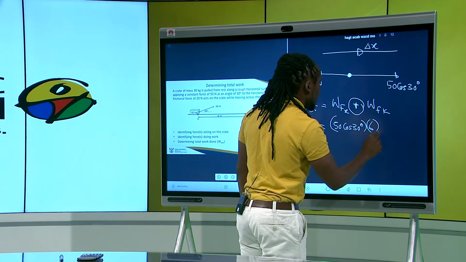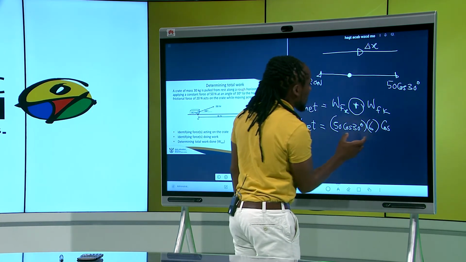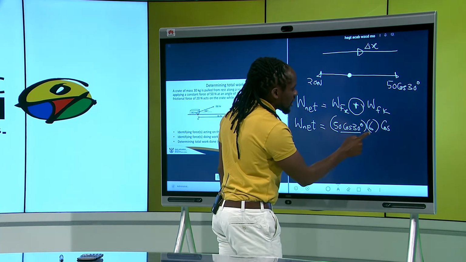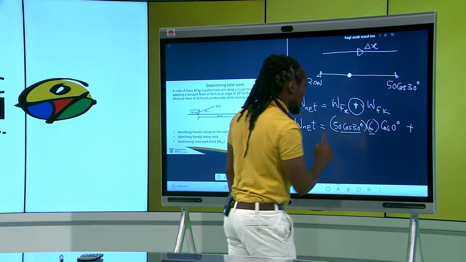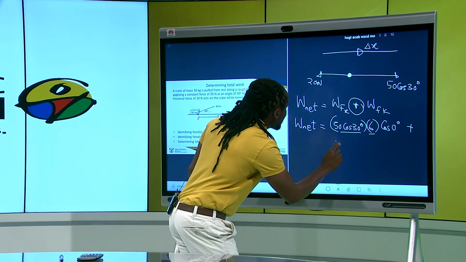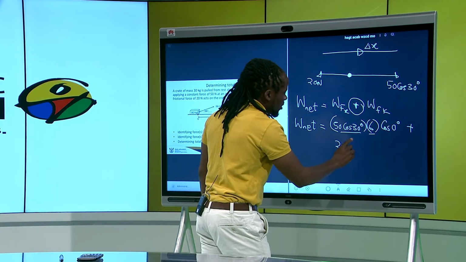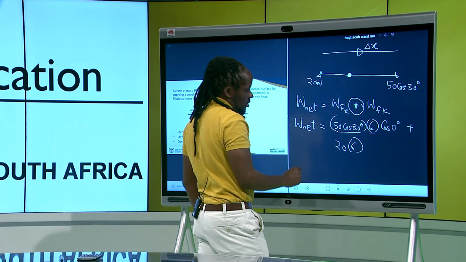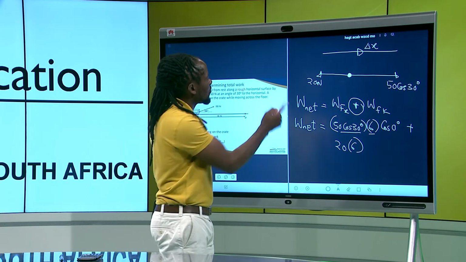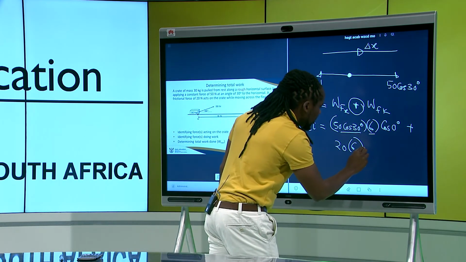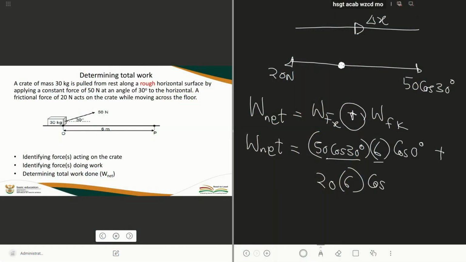Then cosine of the angle between Fx and the displacement, which is 0, plus for the net, we've got 20, which is the kinetic frictional force, multiplied by the 6 meters, which is the displacement. In which direction is the frictional force? It's obviously opposite to the displacement. Then the angle between those two vectors is 180 degrees, right?